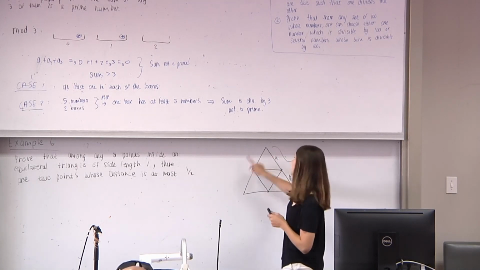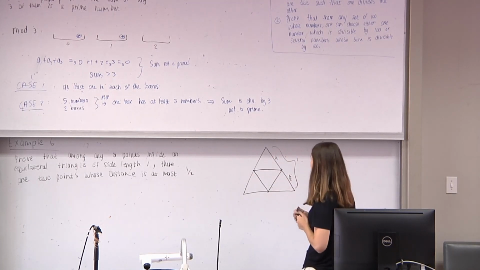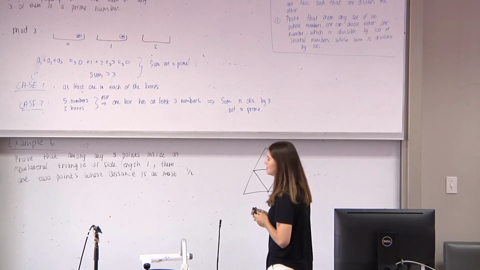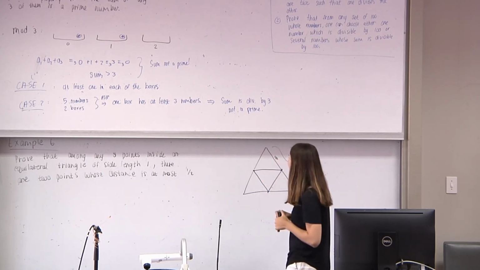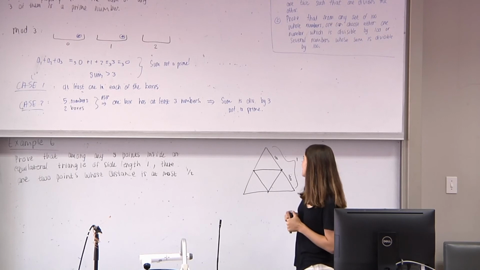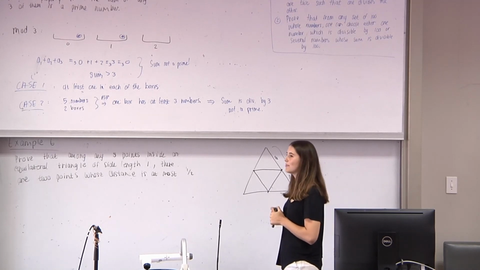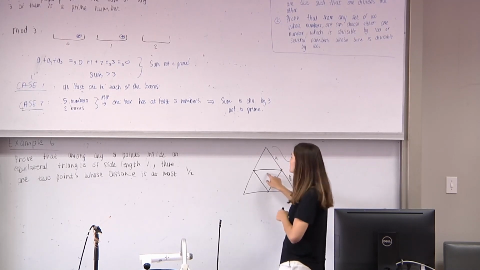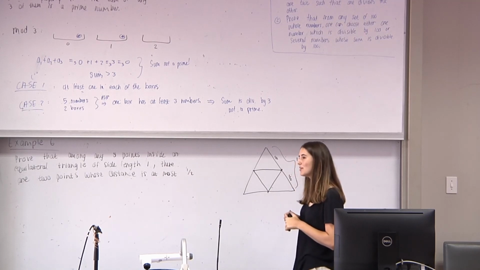If you put the point there, yes, then the other points will be within at most a half away from it. But is that a proof that if you don't put the point there, it's a maximum of a half apart?